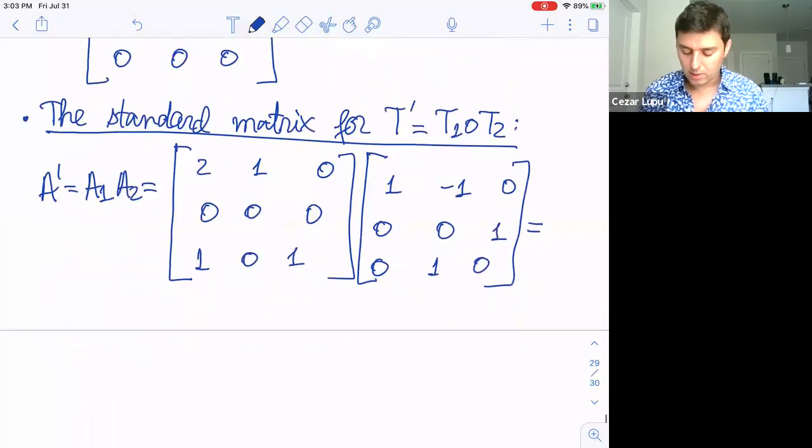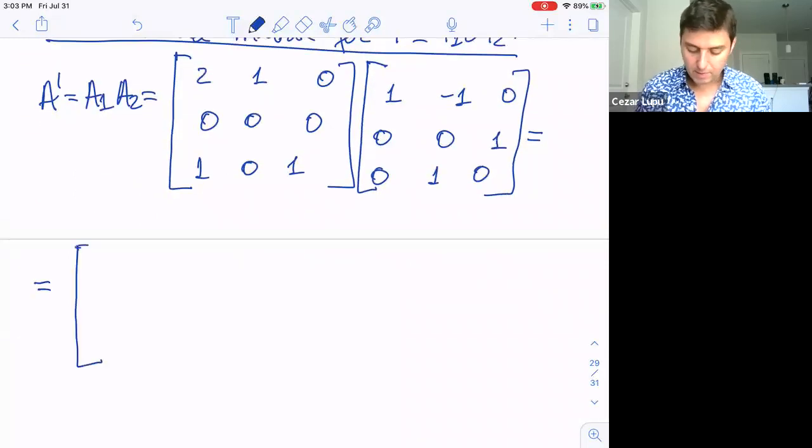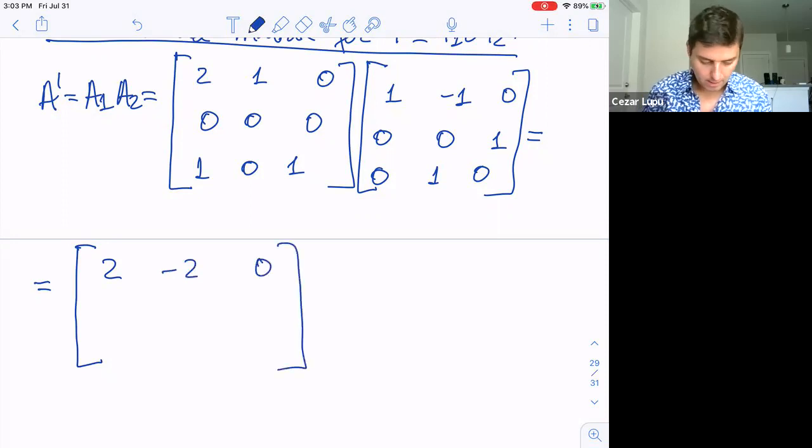equal to, and here we go again. Let's multiply these two matrices. So it will be 2, negative 2, 0, then 0, 0, 0.